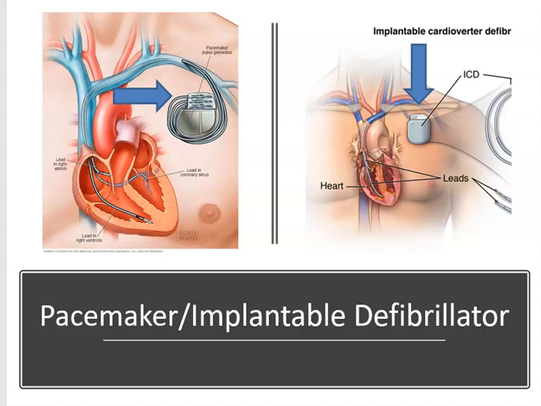The other thing about the ICD and the pacemaker as well is that they can record and store information about the patient's heart rhythm and send it to the doctor for review.